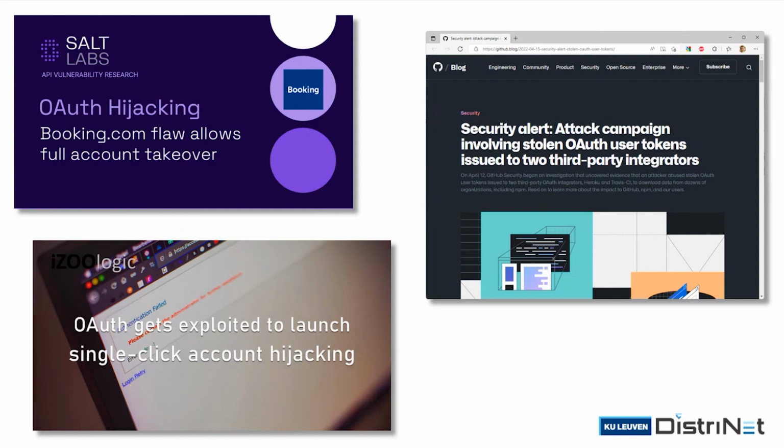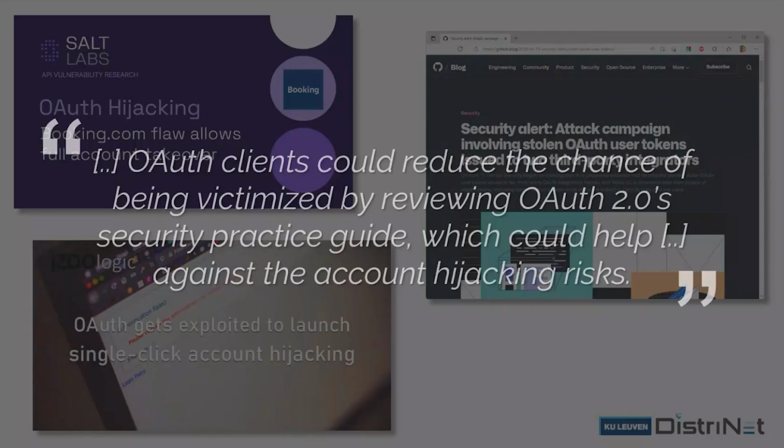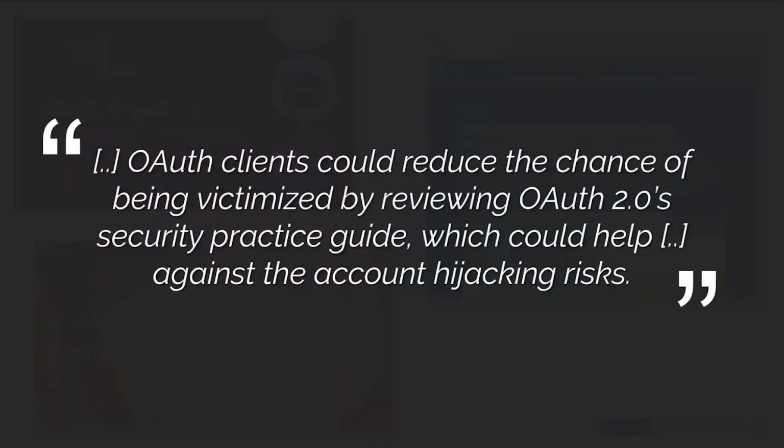Somewhere last year there was also some buzz about these single-click account hijacking attacks. And when reading about this, I read in one of the articles that OAuth clients could reduce the chances of being victimized by reviewing OAuth 2.0's security practice guide, which could help against the account hijacking risks, right?